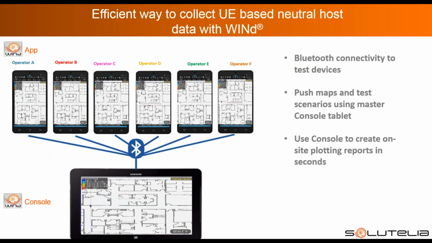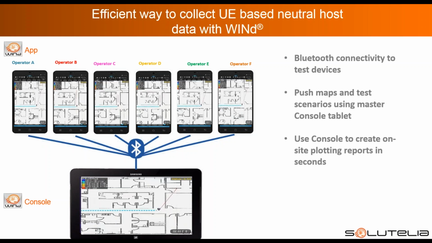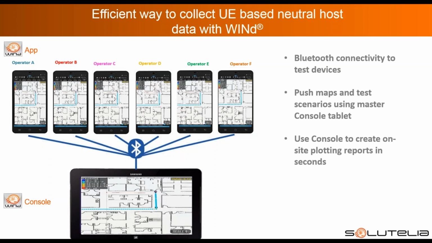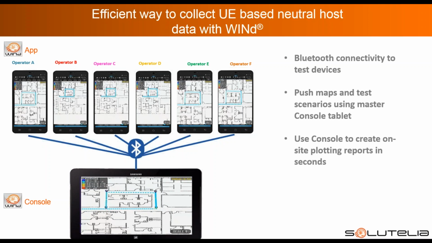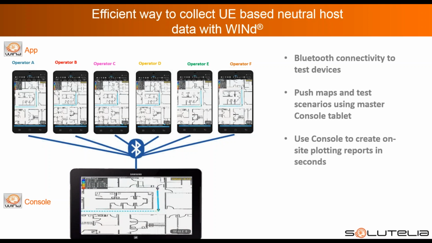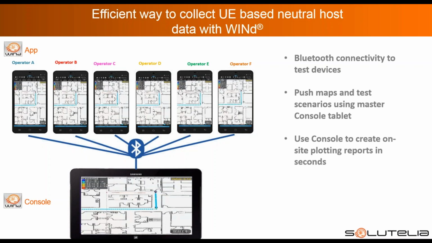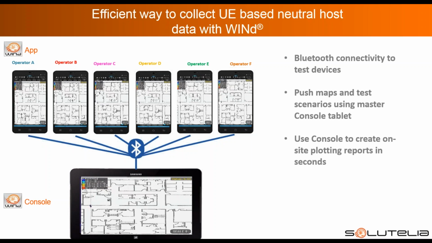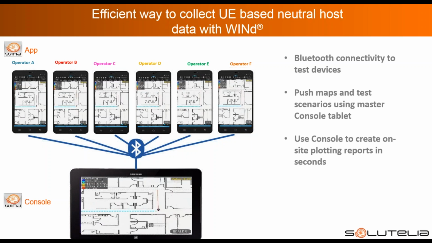When you're collecting indoor benchmarking data in a synchronized manner with multiple devices or UEs, a tethered master-slave configuration as shown here allows the user to collect the data quickly and efficiently. The master device or the WIND console in this case controls multiple devices connected via Bluetooth and can be used to push the floor plans and test scripts to the connected UEs.